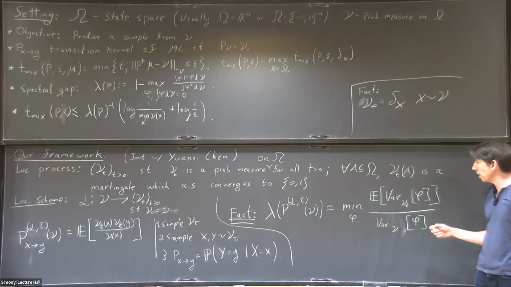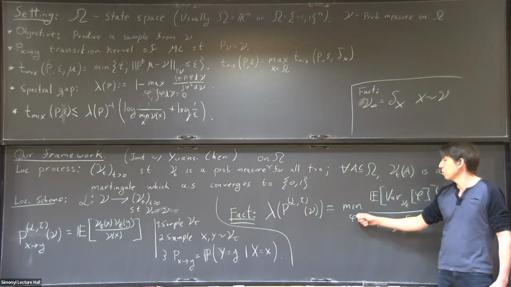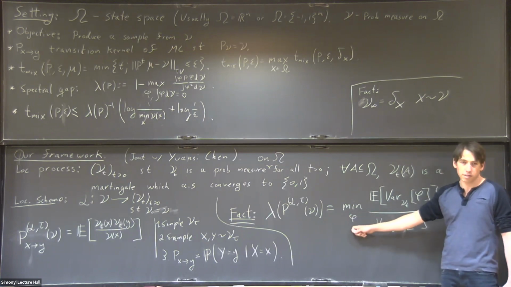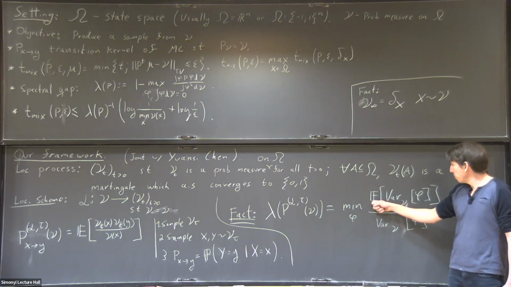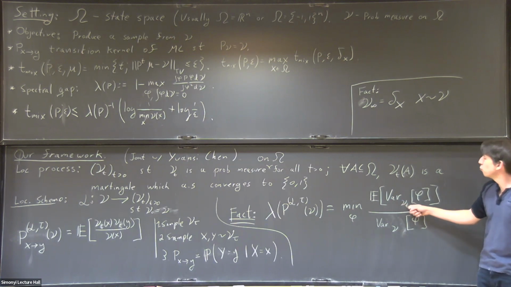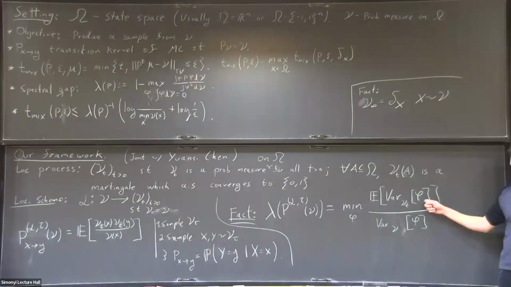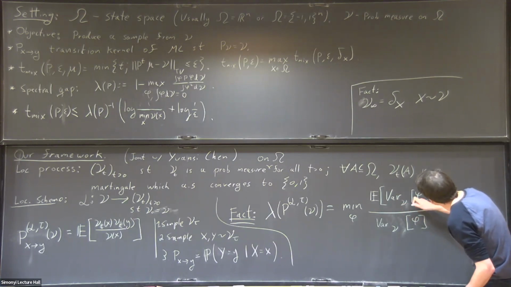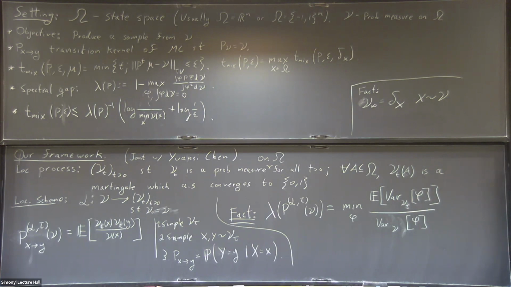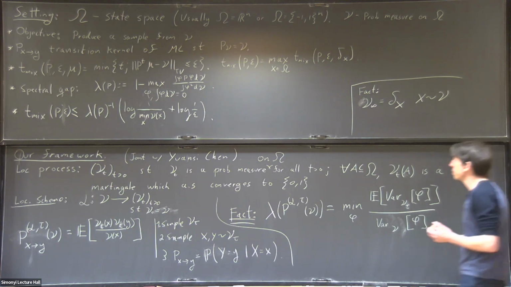The spectral gap is just equal to the minimum over all test functions, again a function from omega to R, of the expectation of the variance remaining in the test function after I run the localization scheme up to time tau, over the variance at time 0. So this is how much of the variance I still keep after running the localization scheme.